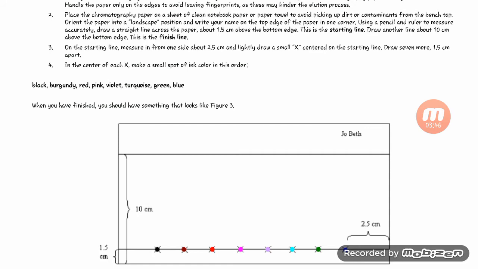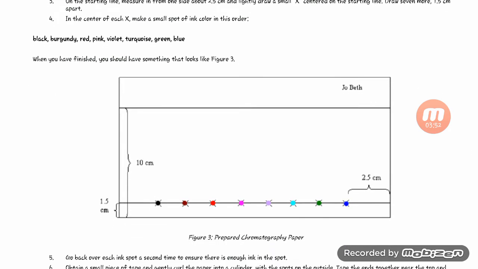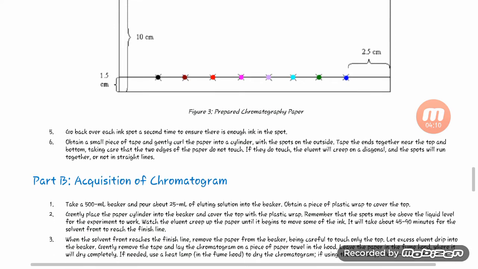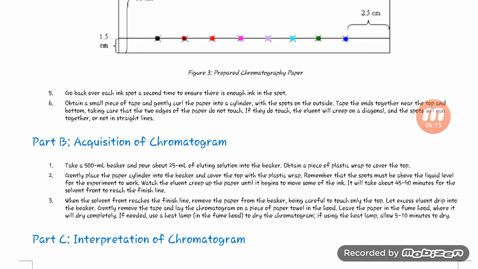In the center of each X, make a small spot of ink color in this order: black, burgundy, red, pink, violet, turquoise, green and blue. So you can see here 1.5 centimeters, 10 centimeters upward and a 2.5 centimeter gap. Then go back over each ink spot a second time to ensure there is enough ink in the spot.